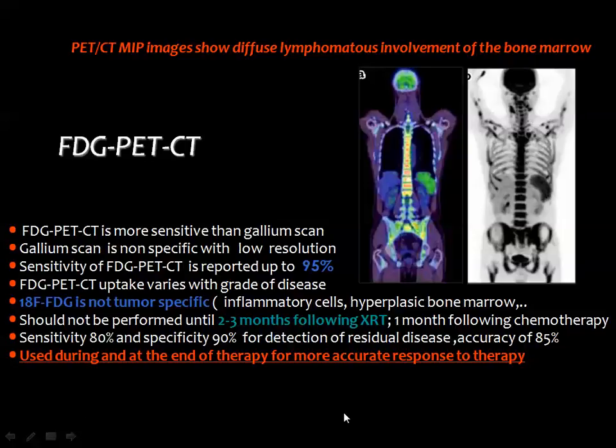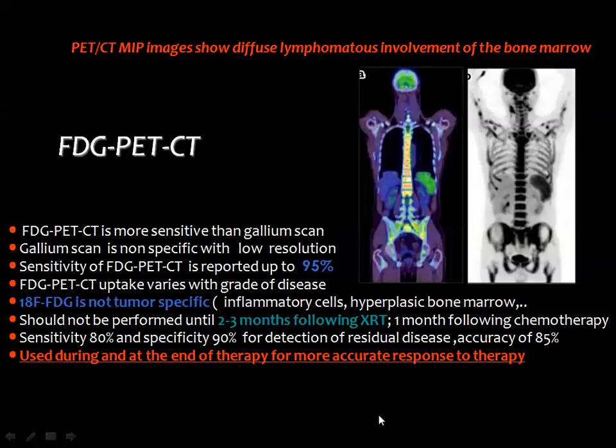Many other lesions like inflammatory diseases and hyperplastic bone marrow lesions will show increased metabolic activity, and you cannot say for sure that this belongs to lymphoma or to other types of malignancies or even inflammatory lesions.